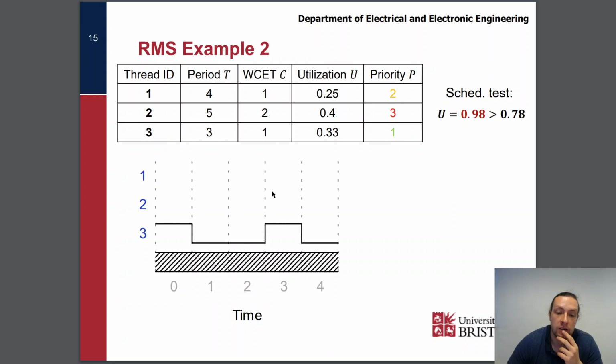Again, every 3rd period, we schedule 1 compute unit worth of work on the device. Then we move on to the second thread. Again, the next best slot. So we need to fit 1 every 4.